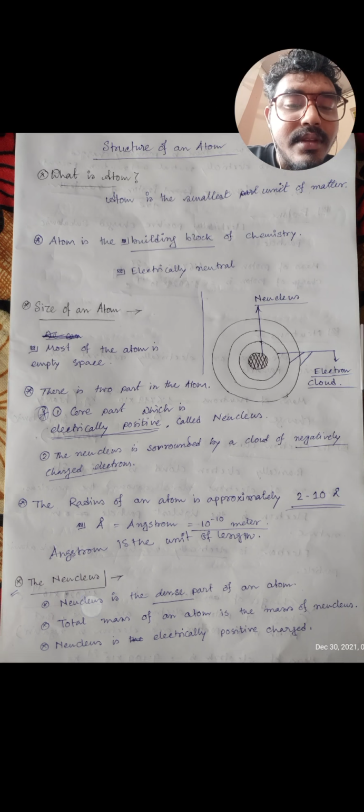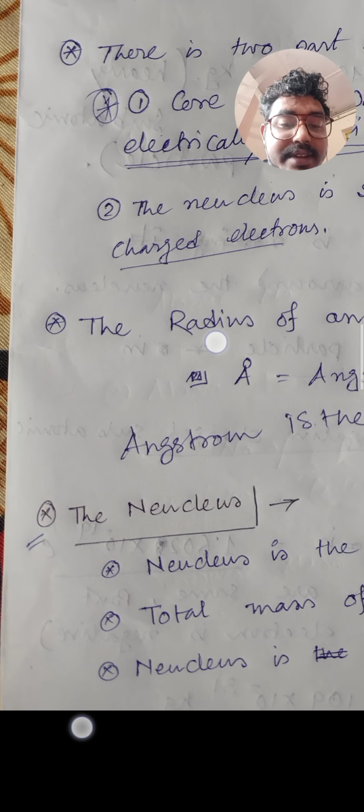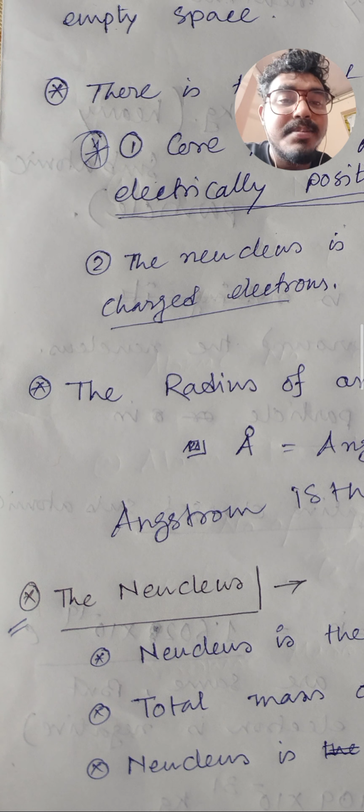Okay, now we move to the nucleus. Here I will explain why I call it the electrically positive core. The nucleus is the dense part of an atom. Why is it the dense part?